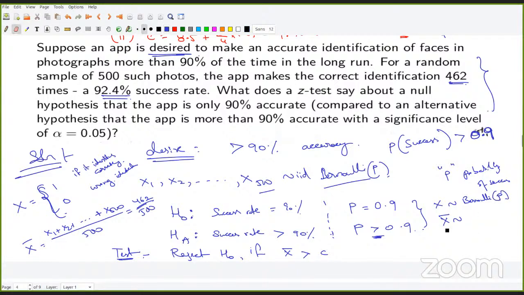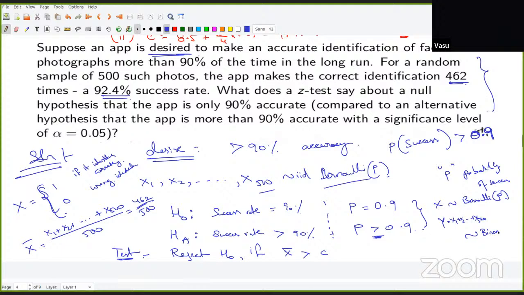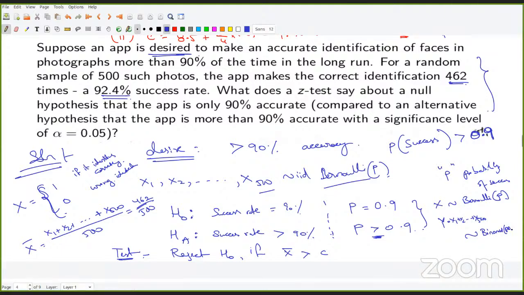Let's say there is Y, which is the sum of the random variables, 500p. So what will this follow? NP, 500 into P. Yes, this follows binomial 500, p.